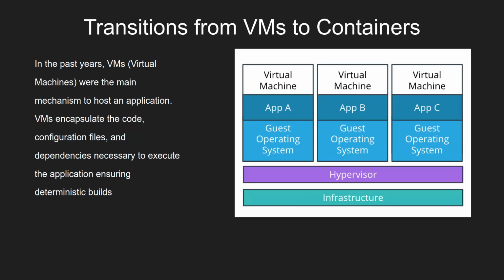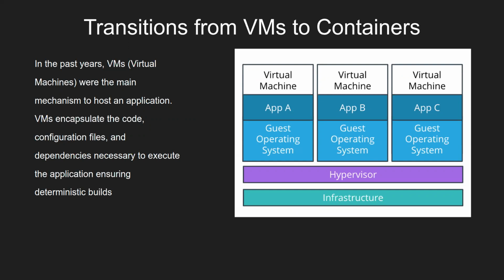So in the past, those who, like me, if you remember, in most cases, when you were developing applications, you would develop them in virtual machines. A lot of people, myself included, I play around a lot with Vagrant and Oracle VM.